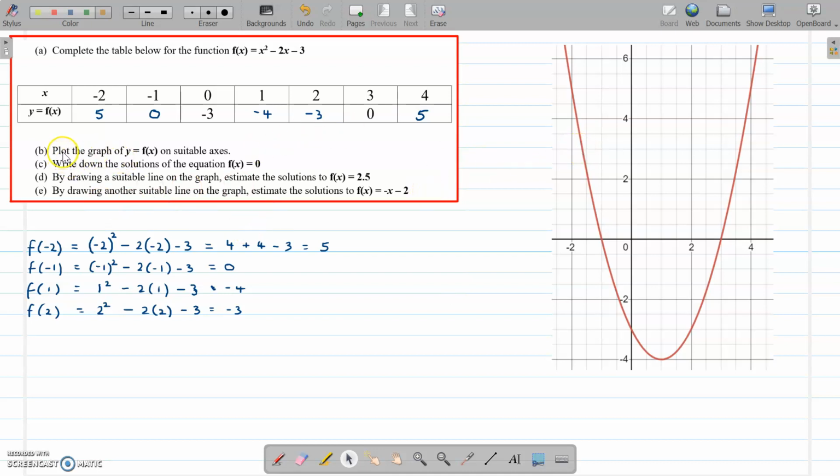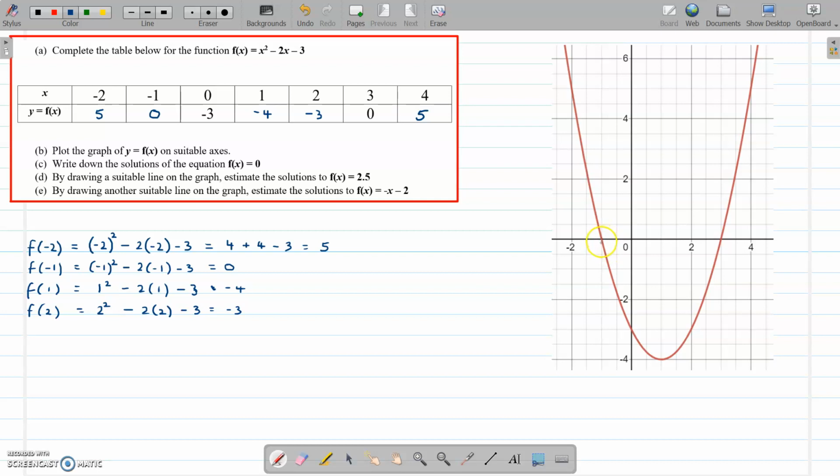I've done part B, and I've now got to write down the solutions of the equation f of x equals 0. Well, f of x equals 0 means that the function equals 0. That's on the y-axis, and that happens in two places, where it crosses the x-axis.